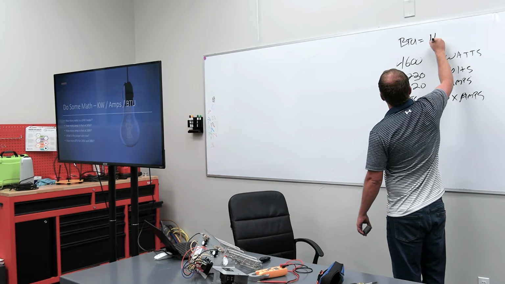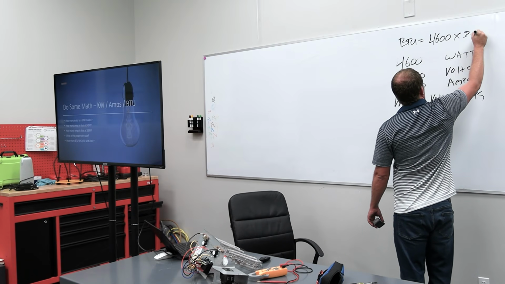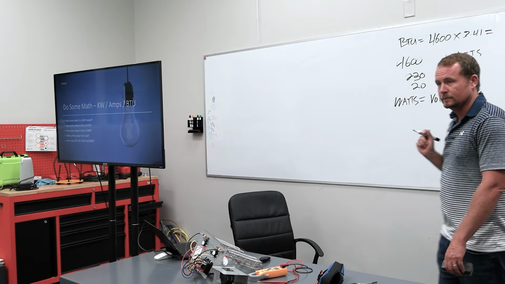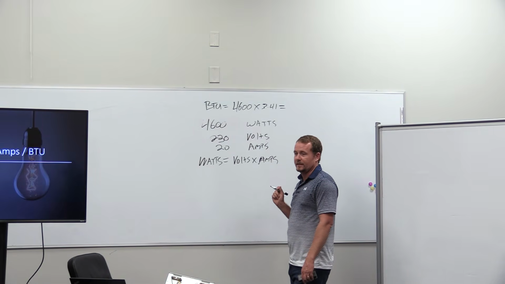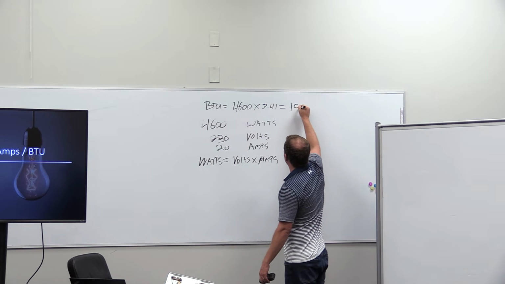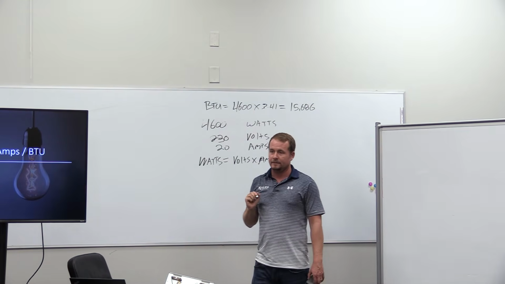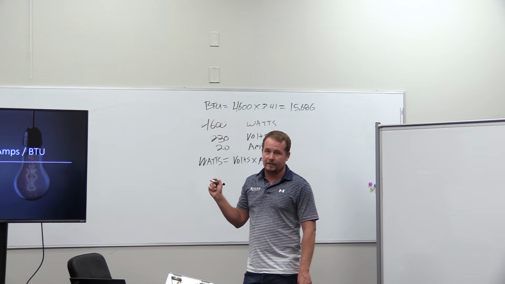So we take 4,600 watts times 3.41 equals what? 68, 69? So wait till we get a consensus. 15,686. Right? So that's how many BTUs we're getting out of it.